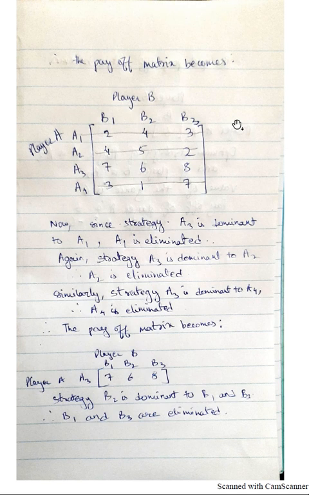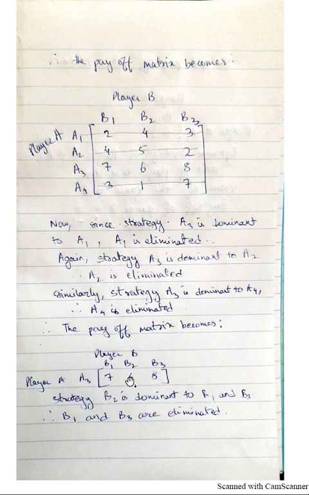So now what we are remaining with is, for player B, strategies B1, B2 and B3, and for player A, strategy A3. So now we will again compare between the strategies of player B. The value of the payoff of B2 here is higher than the value of B1 here.